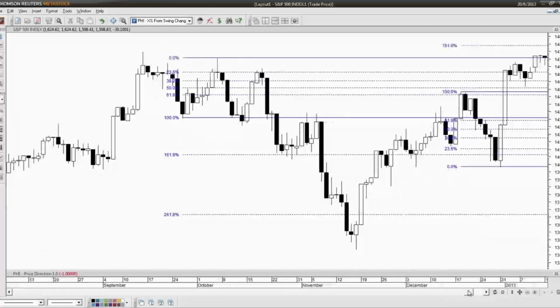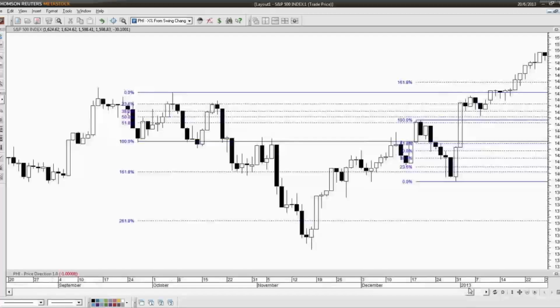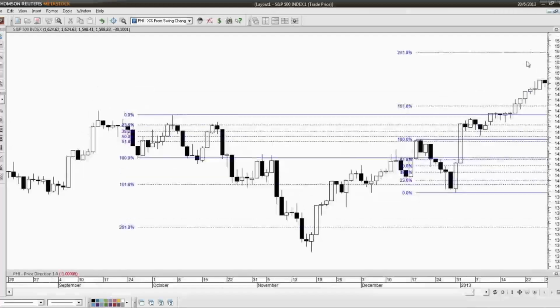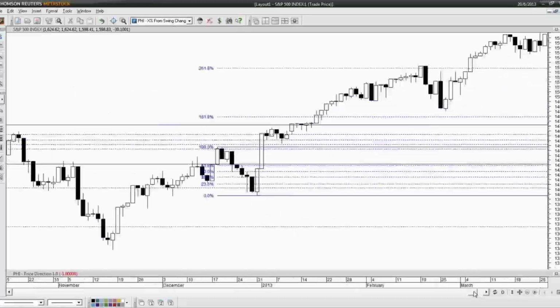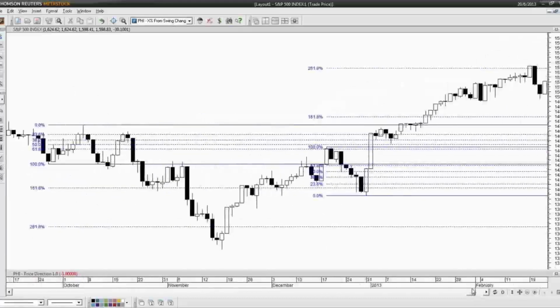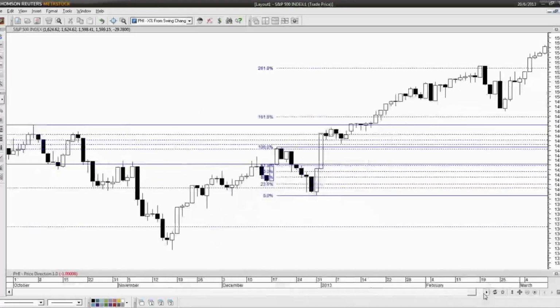So what happens when it reaches the level? It went straight through it, and then our next target is the 1530, which was reached over here. And do you see what happens when the market reaches our 261? It corrects lower and then goes up again, right? So what you could do is buy again when the market breaks the high.